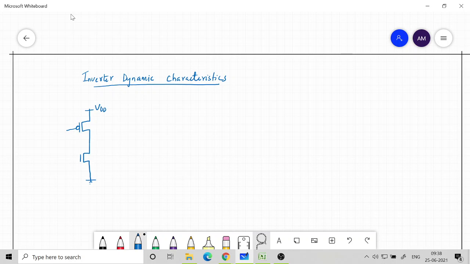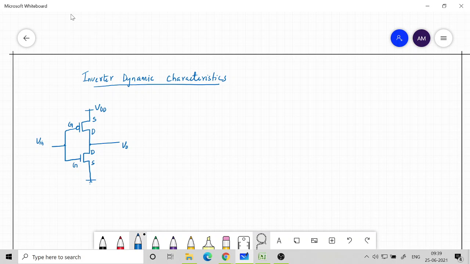The gates of both PMOS and NMOS are shorted, and that is where we give our input, and the output is taken from the drains of both transistors, which are connected together. So this is drain, source and gate of NMOS, and drain, source and gate of PMOS. So this is our circuit.